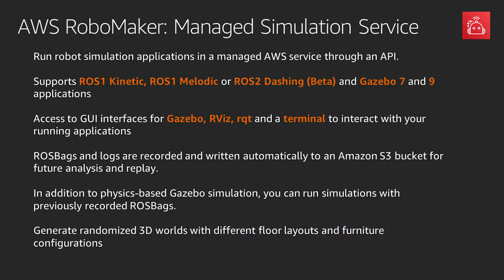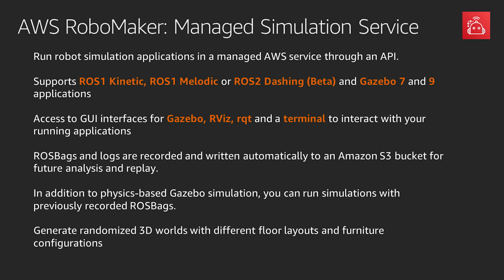At its core, AWS RoboMaker enables customers to launch simulations with a simple API call. The service provides built-in support for ROS 1 with releases Kinetic and Melodic, as well as ROS 2 Dashing and beta. The service also supports Gazebo 7 and Gazebo 9.